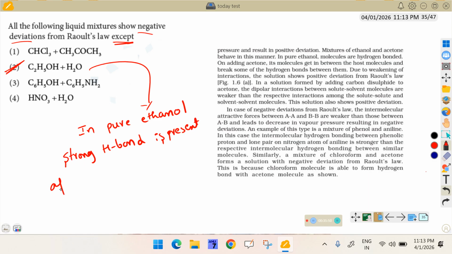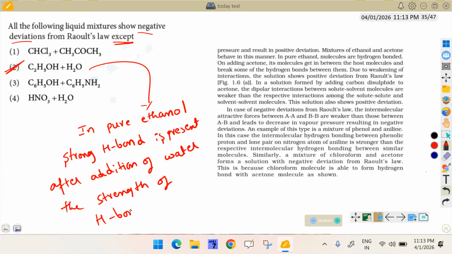After addition of water, the strength of H bond decreases and it shows positive deviation.